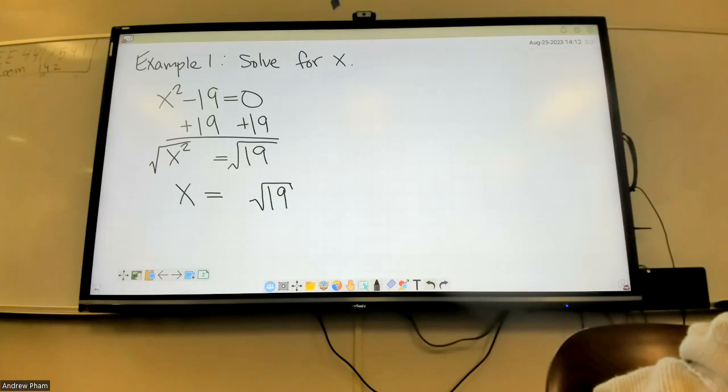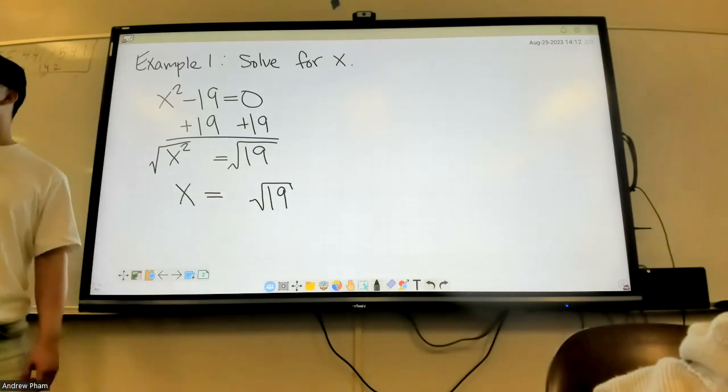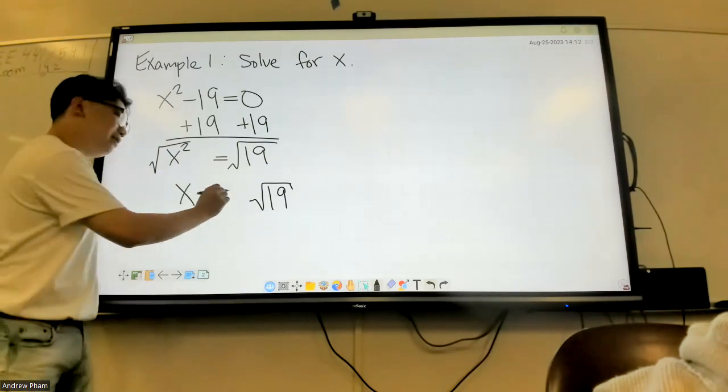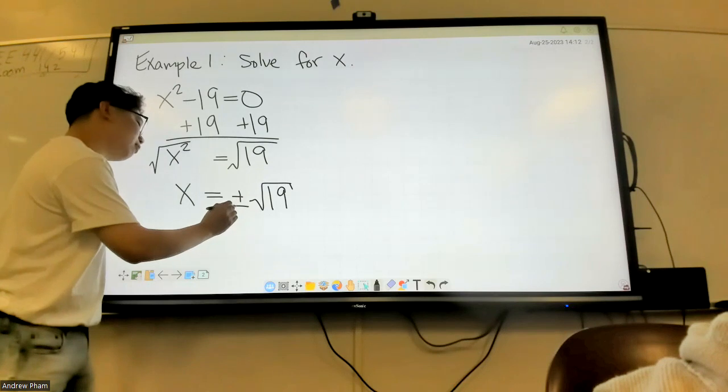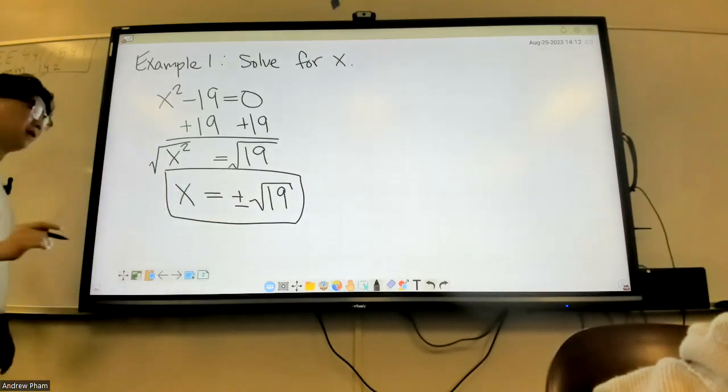Anyone have an idea what that one other answer might be? Well, if I look at this, the answer that I'm actually missing is not only am I using positive square root of 19, but I also should include negative square root of 19. Or in other words, I can write plus or minus here. We're going to talk about why I include the plus or minus.